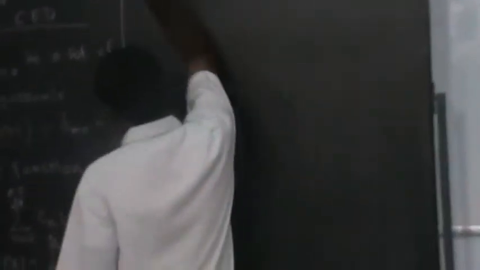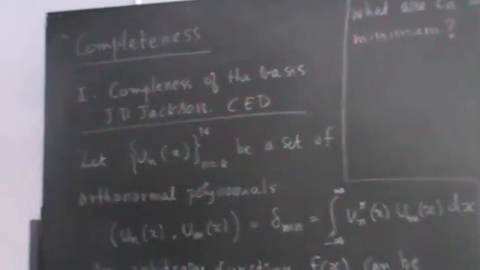But this question is a little bit vague because E of x is minimum means at what value of x? Because E of x is different at different values of x, right? So when I say E of x is minimum, you cannot answer this question in a general way.